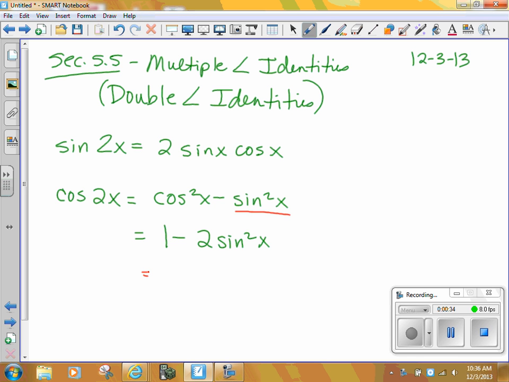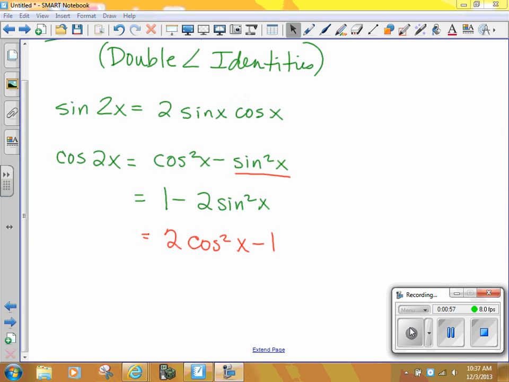That's 1 minus cosine squared. That would be 1 minus 2 cosine squared... let me make sure. Nope, that would be 2 cosine squared minus 1. I can use all 3 of them and it's fine. Okay? What's the last one?